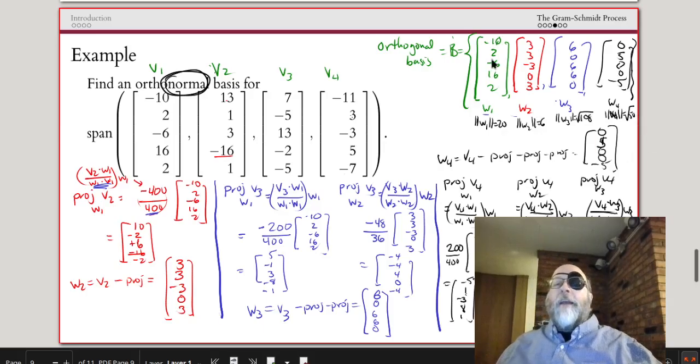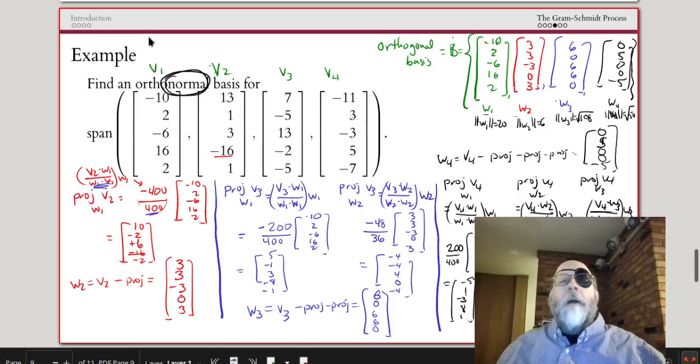We will divide each vector by these magnitudes. I have given myself almost no room left, but W1 will be the vector negative 10 over 20, 2 over 20, negative 6 over 20, 16 over 20, and 2 over 20.